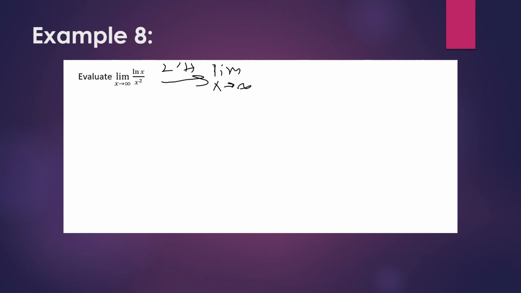The derivative of ln x is 1 over x, and the derivative of x squared is 2x. If I plug in infinity here, I'm going to get 0 over infinity, which is actually going to be 0. 0 divided by anything is going to be 0. The only time we would have to check something is if I got a 0 over 0, but my final answer is going to be 0.